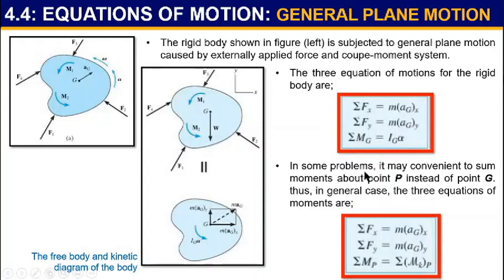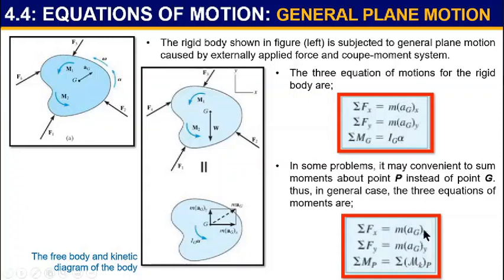In some problems, it may be convenient to sum moments about point P instead of point G. Thus, in the general case, the three equations are as follows. In this subtopic, it is actually a summary of the previous subtopics that we already discussed, so it's the same.